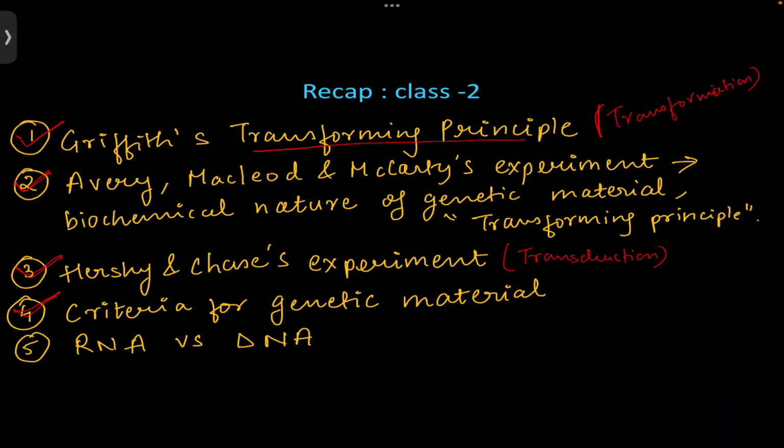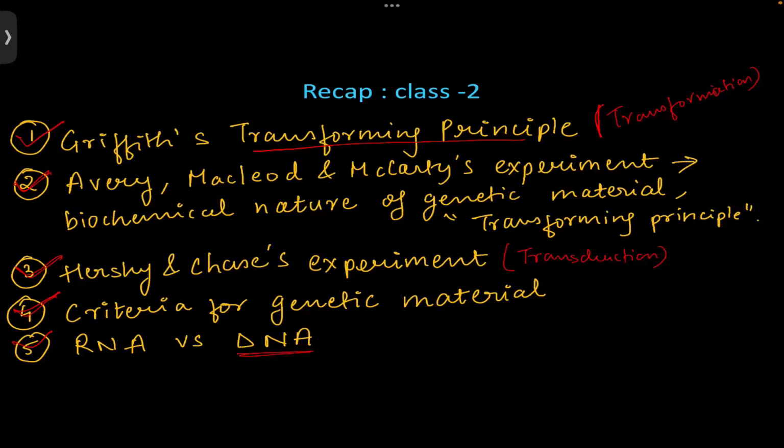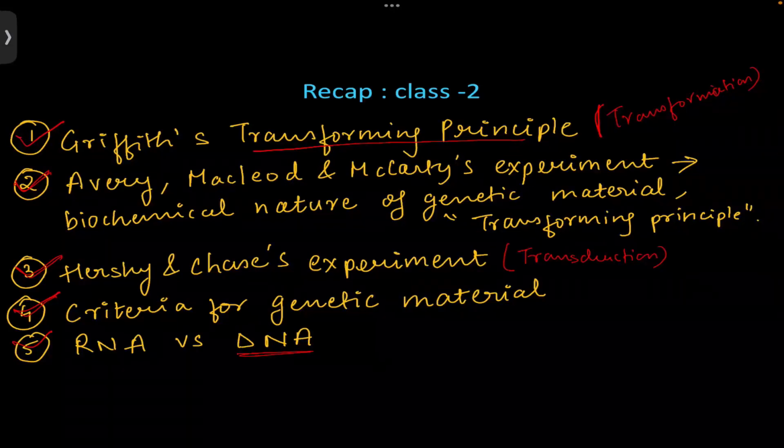Also, we compared DNA and RNA individually, as both can act as genetic material in different organisms, but all multicellular higher organisms have DNA as genetic material. RNA is seen only in a few viruses. So let's quickly recall the criteria for genetic material.